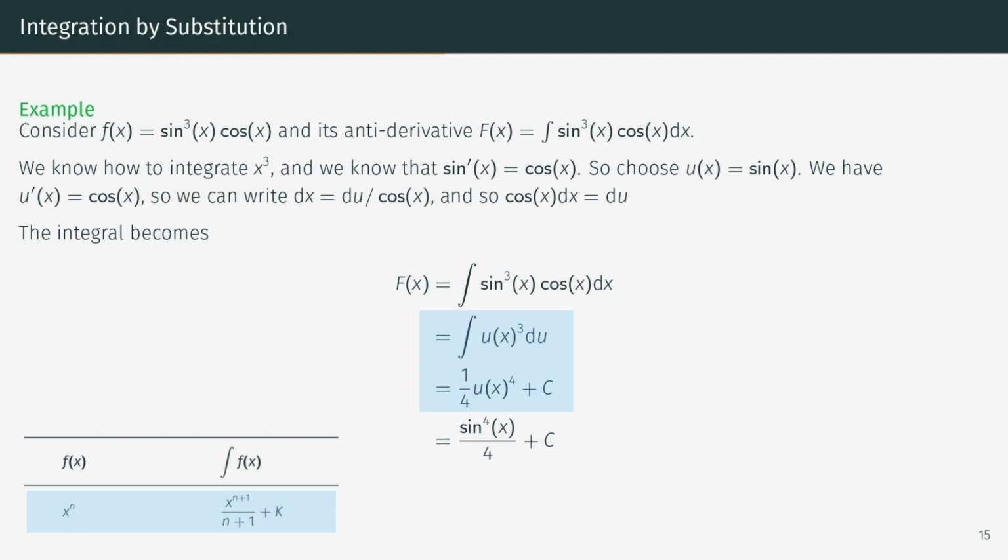In our case, n is 3. So the result is 1 over 4 u(x) to the fourth plus a constant. We then need to undo the substitution that we did earlier. This gives us the answer of sine to the fourth of x over 4 plus a constant. It's important to remember the constant in this example because we never specified the boundaries of integration.